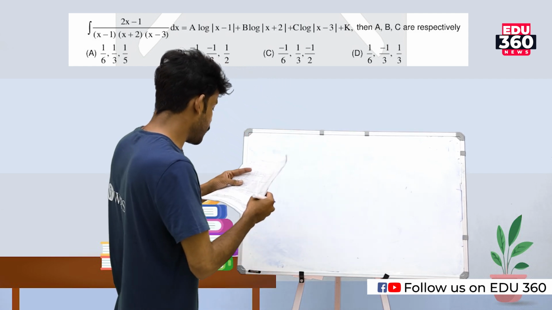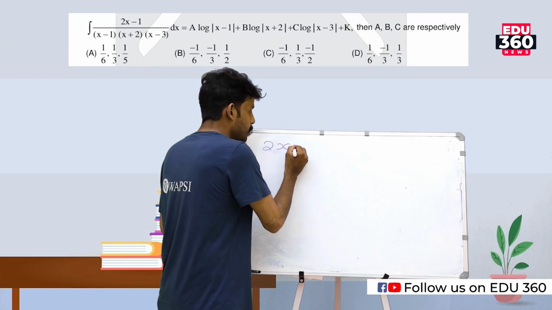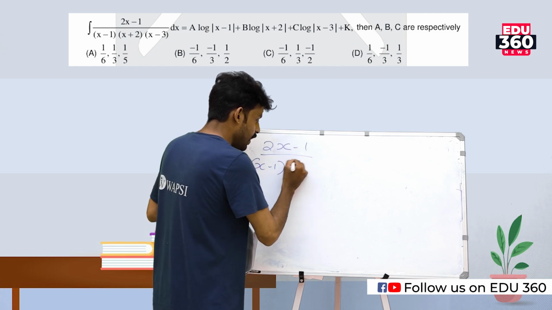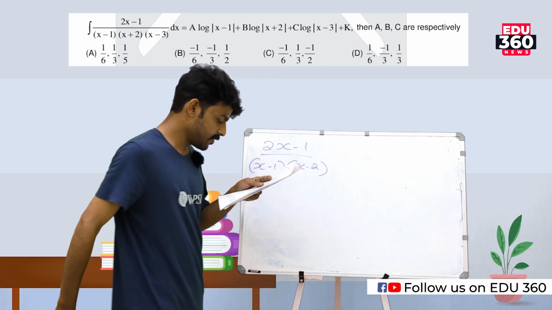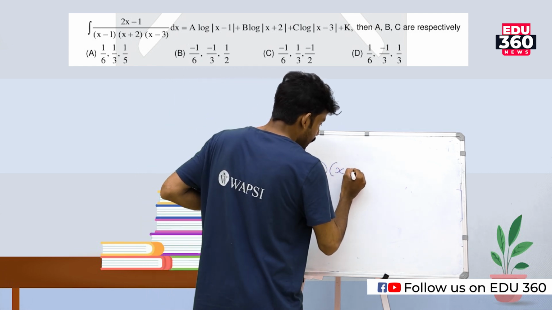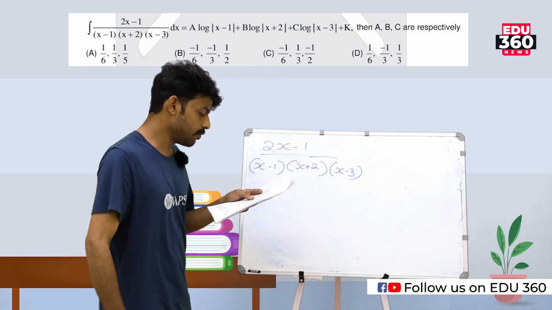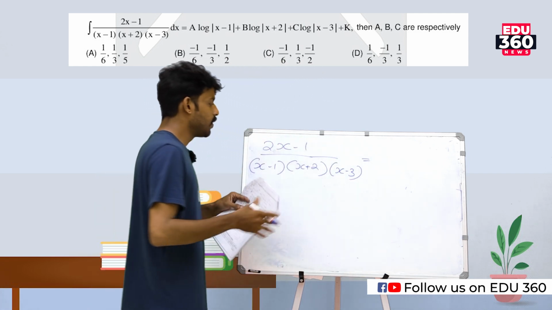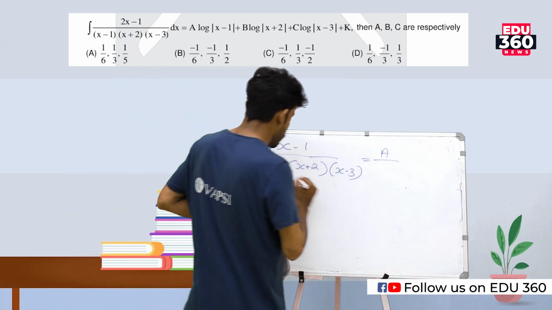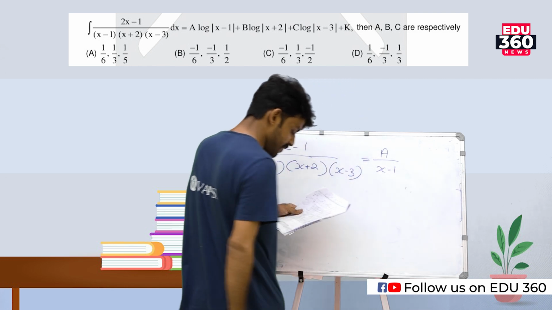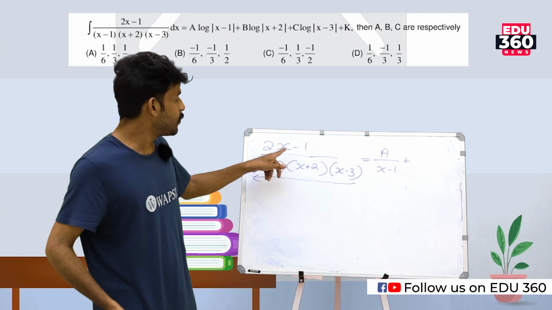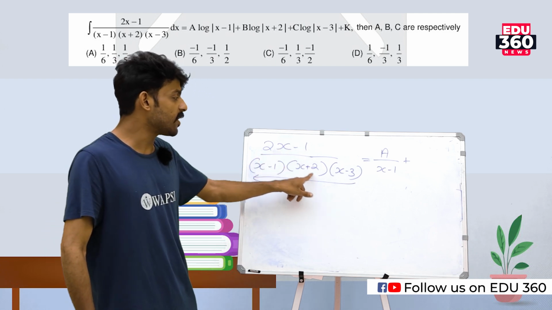So we can write the left hand side as 2x minus 1 divided by x minus 1 into x plus 2 into x minus 3.